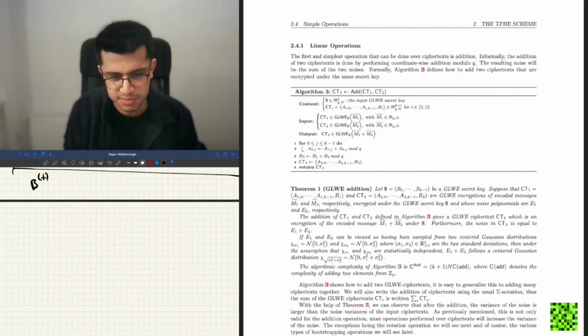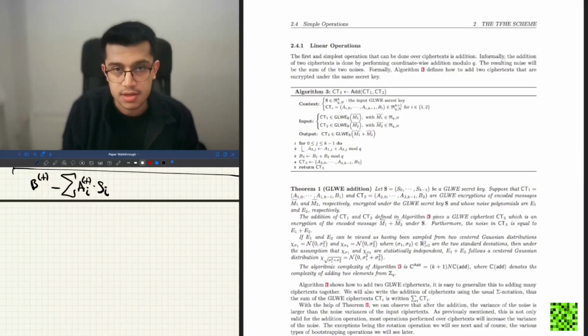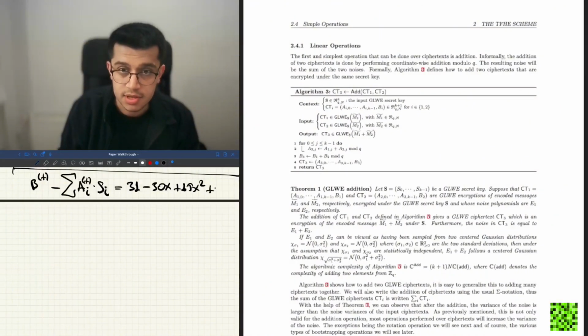I don't even remember what I called that in the first place, but let's say B plus: B plus minus the summation of AI dot SI, or obviously AI plus, and that is equal to 31 minus 30x plus 15x squared plus 16x cubed.